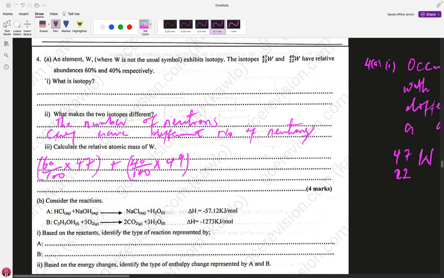You add all this: 28.2 plus 19.6, and that will be equal to the relative atomic mass of W, which is 47.8 atomic mass units.